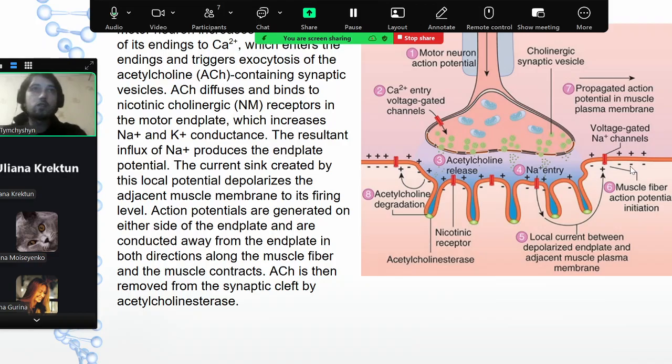And then of course we need to clean all this mess up, and acetylcholinesterase is a really helpful enzyme that will destroy the acetylcholine that we have released into the synaptic cleft, and that will be one of the steps of the termination of the signal. We don't want the muscle to be contracted forever, we just need it for performing some work, and that's all.